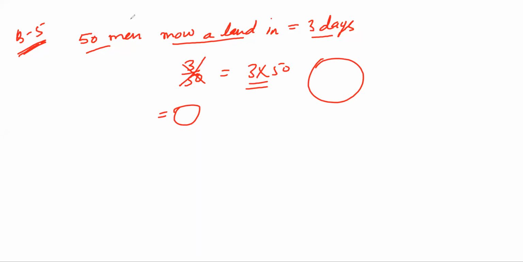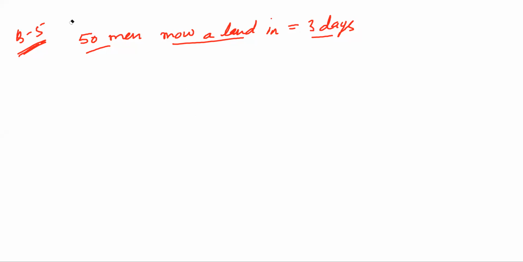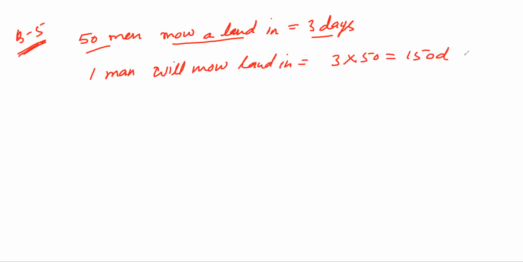So in this we have to multiply, in order to find for one man. One man will mow the land in 3 into 50, which means 150 days. So one man will take 150 days to complete the work on the land.